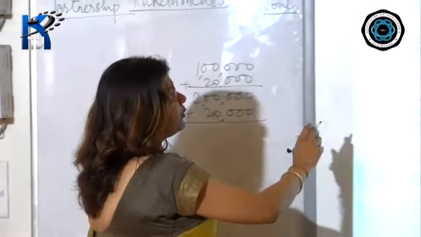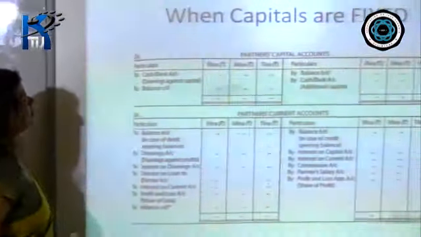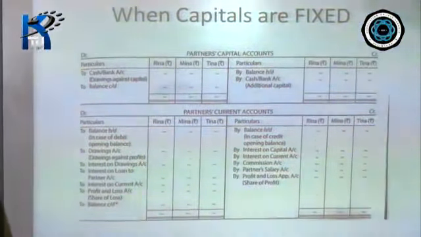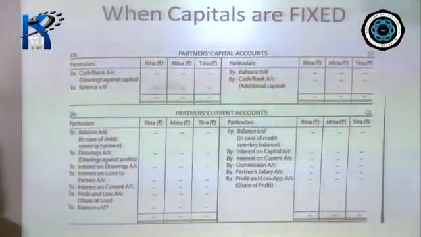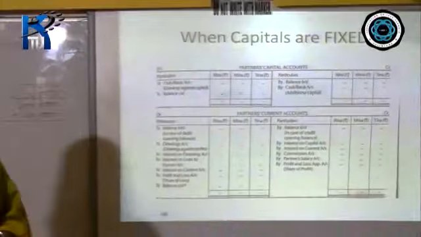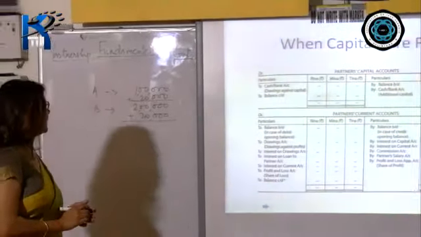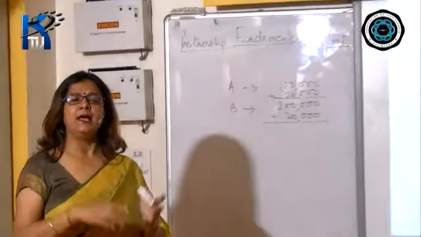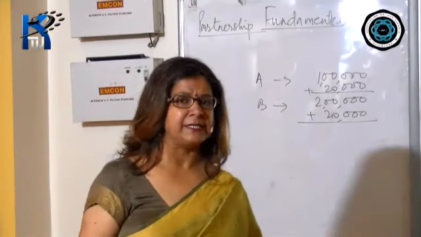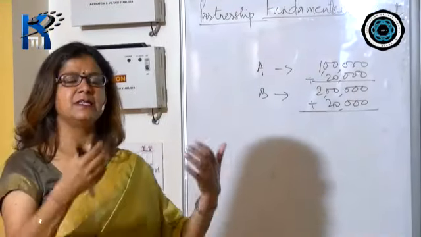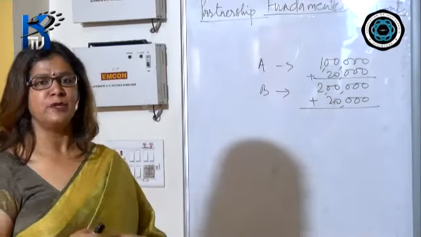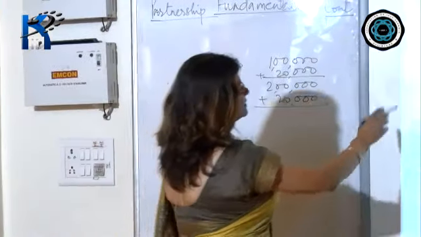Now, what do you mean by to cash, drawing against capital? This is known as permanent withdrawal from the business. Supposing A had a total of 120, B had a total of 220. Now, out of his capital, if he withdraws money from the business, it would be written as to cash.